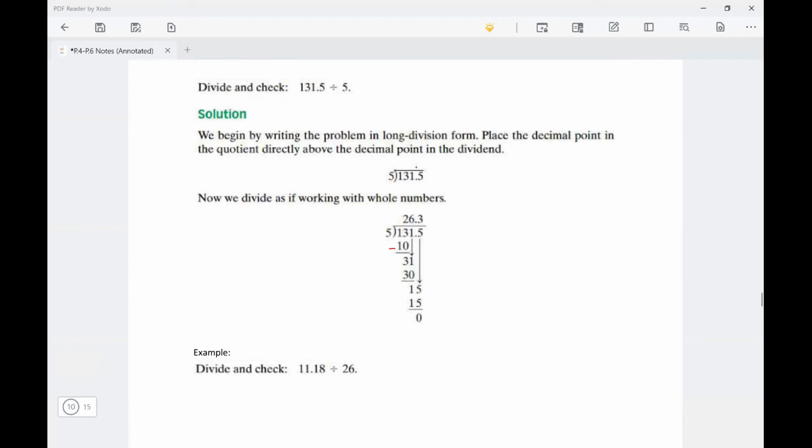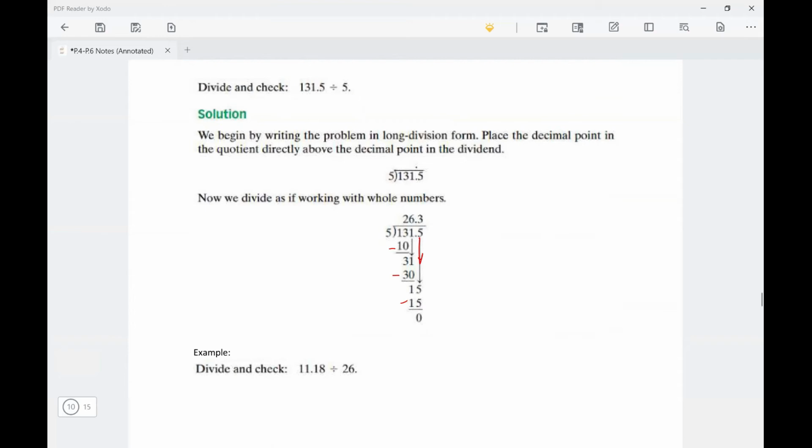Notice that 31 is divisible by 5. So 5 times 6 is 30. Subtract 30 from 31, we get a remainder of 1. And then again, we bring the 5 down, and 5 goes into 15 3 times. If we subtract 15, we get a remainder of 0 at the end. Notice what I multiplied all these by.